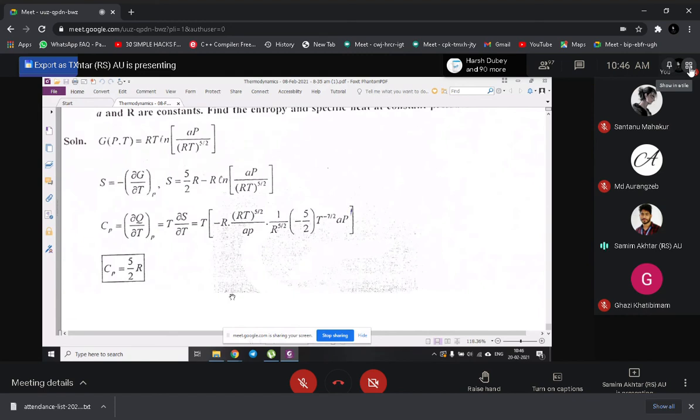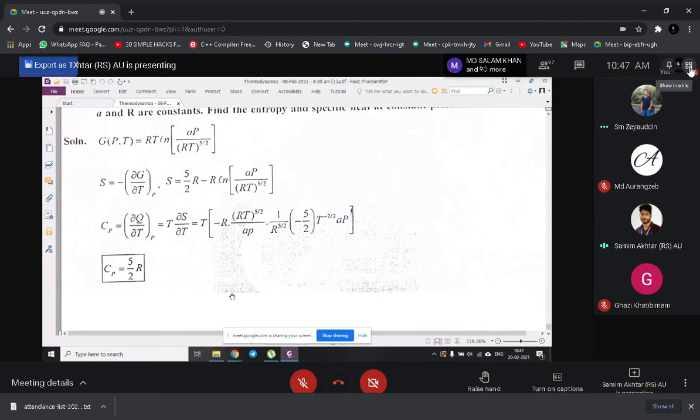And what is specific heat? Anybody? Specific heat is basically the amount of heat required to increase the temperature of a system by some amount. If you change the temperature of a system, then you need some amount of heat, right?